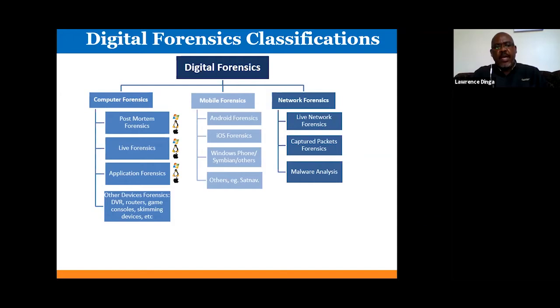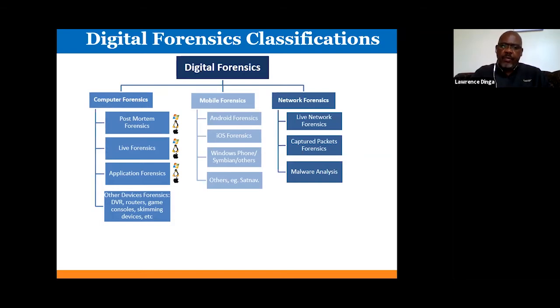Then there is what we call live forensics. Live forensics is also not very old, but it is picking up. Why is it picking up? Because sometimes, as an investigator, you go to a place and find that the computer you need to investigate cannot be taken off the network, or cannot be carried to a laboratory for analysis, because maybe it is doing something very important.